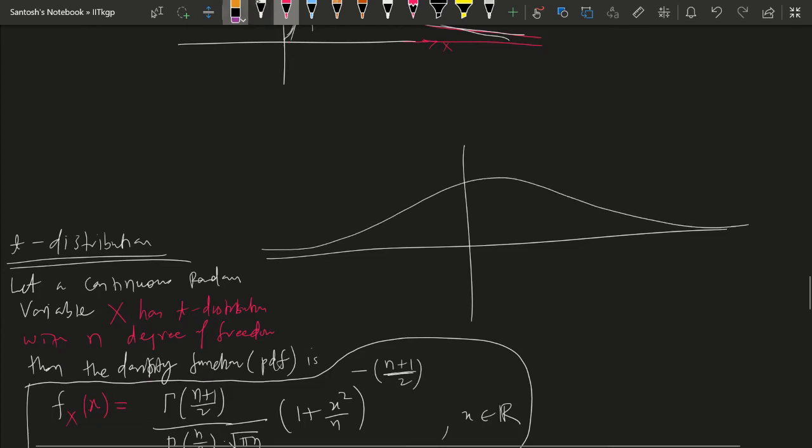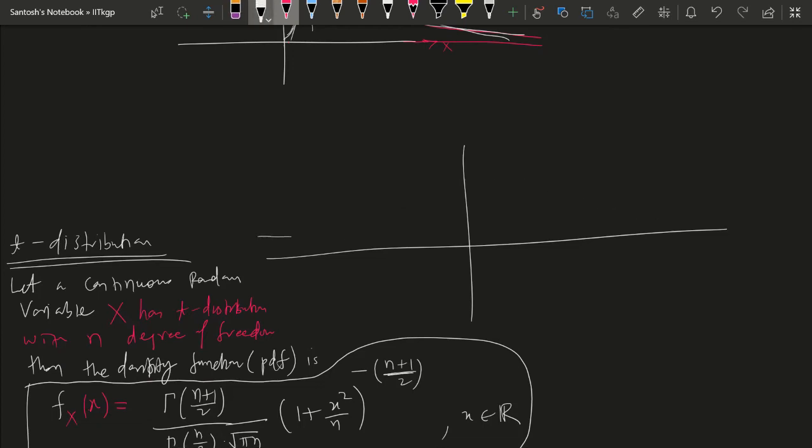When your n increases, it will tend toward the standard normal.